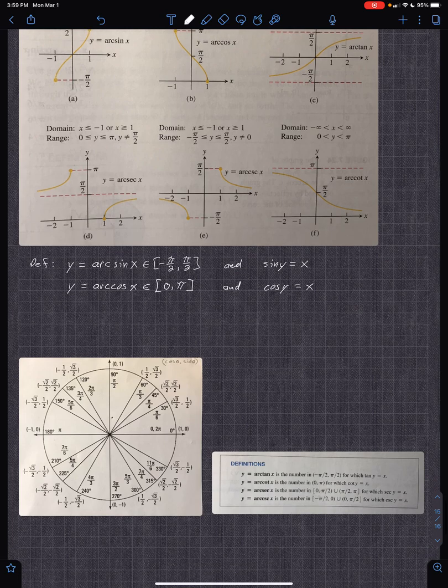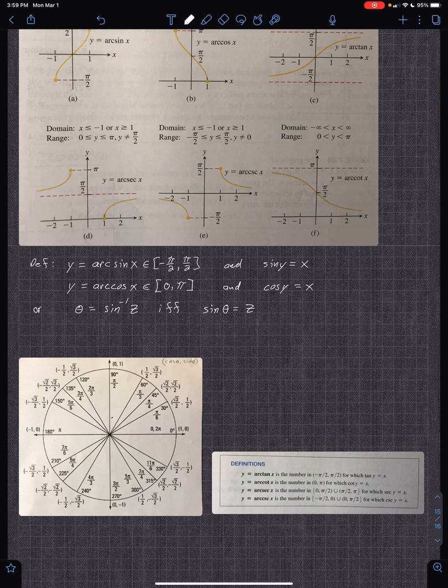Or I meant to say theta there, so hold on. Or we have theta equal to sine inverse of z if and only if sine theta is equal to z. And I'm using different variables on purpose to not get confused with x and y.